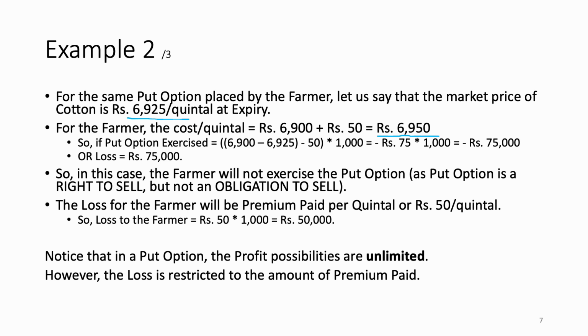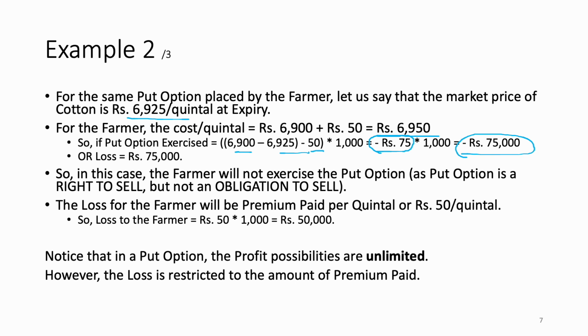If the put option is exercised by him, then he suffers a loss of 75 rupees per quintal, because his strike price was 6900, the current price is 6925, and he has paid a premium of 50 rupees per quintal. So he will suffer a total loss of 75,000 rupees if he exercises the put option.